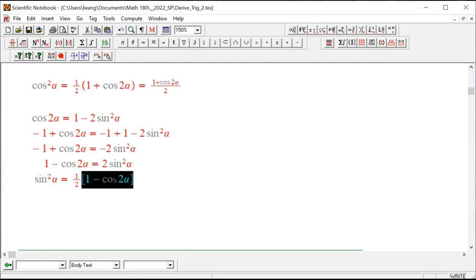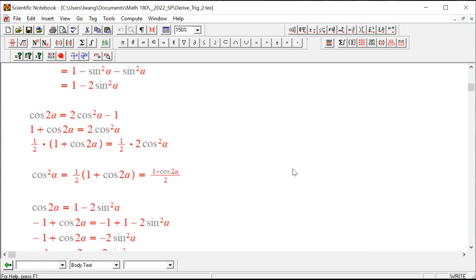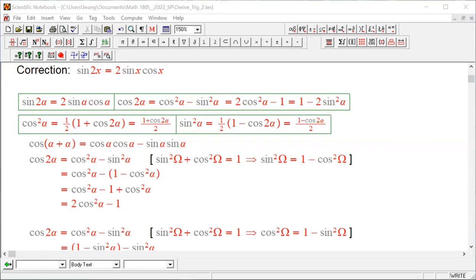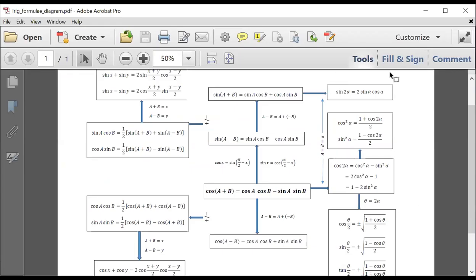We can just use parentheses, remove the bracket, or if you like, you can write it this way: 1 minus cosine 2 alpha all over 2. That will work too. So this is the other very useful formula. So far, we got all of these.